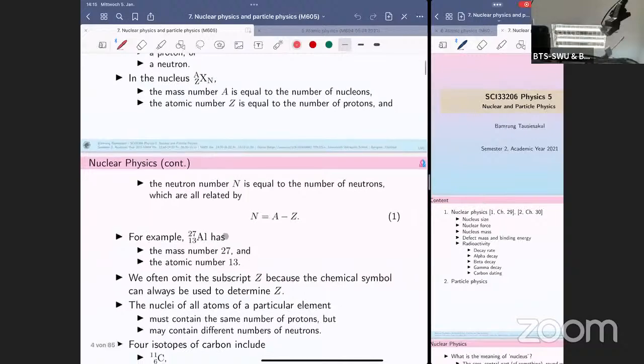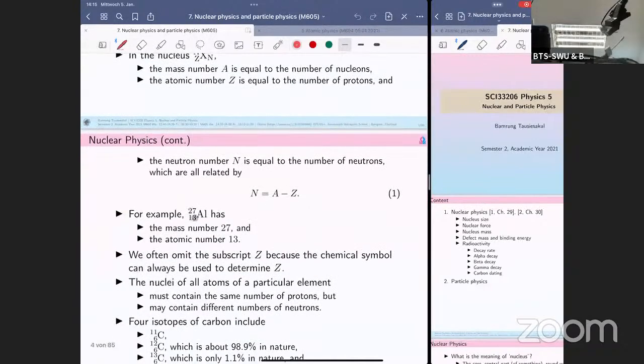For example, aluminum 27/13 has the mass number 27. So the number of particles in the nucleus is 27, and the atomic number, which is the number of protons in the nucleus, is 13.